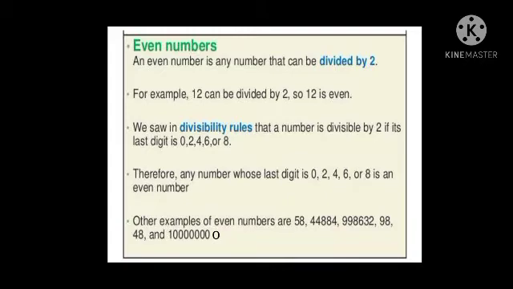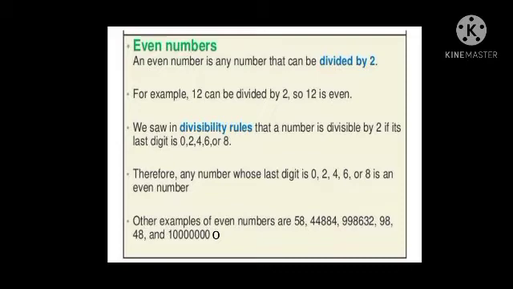And the other examples of even numbers are 58. Here the last digit is 8. So it is called an even number. 44,884. 9,98,632, 98, 48 and 10 crore. These are all the other examples of even numbers.